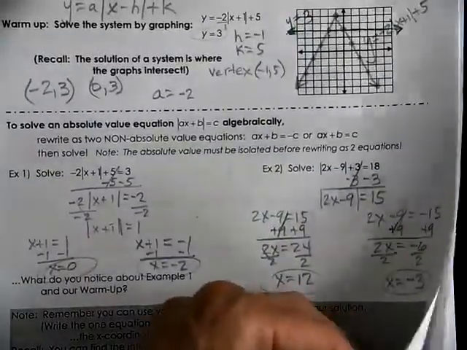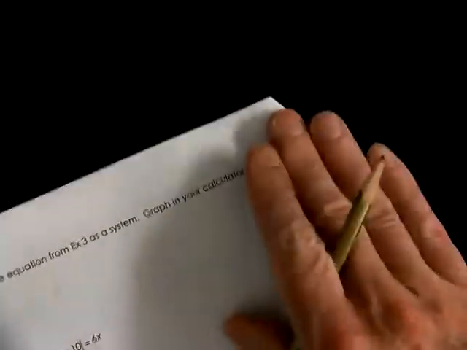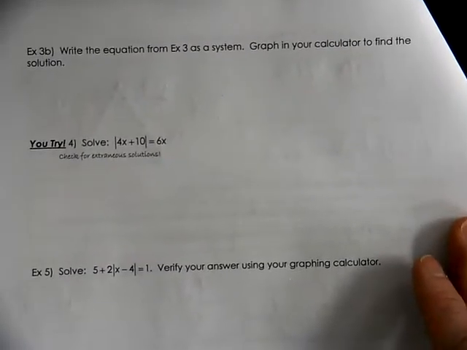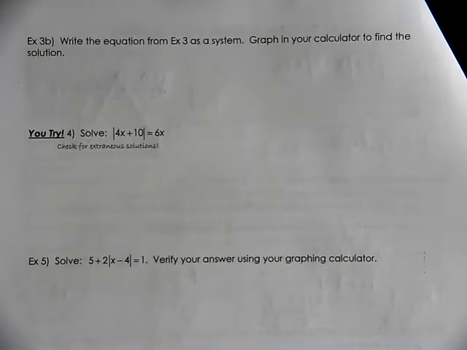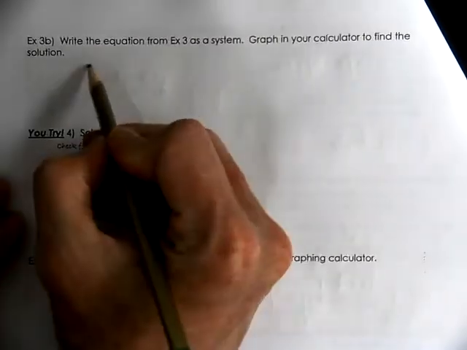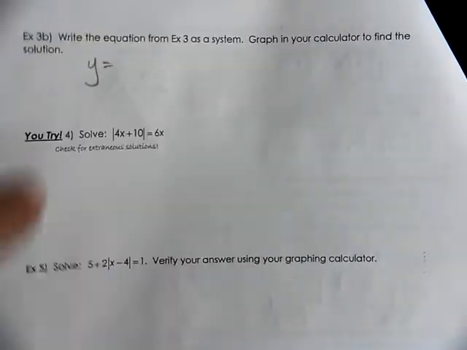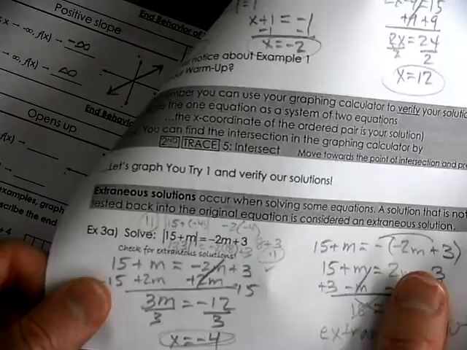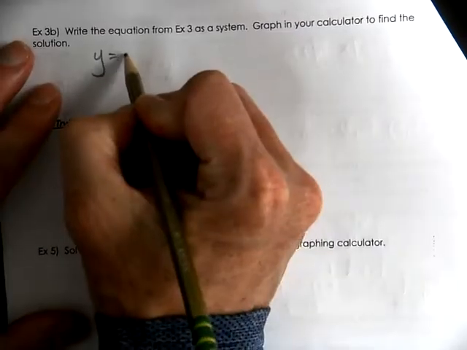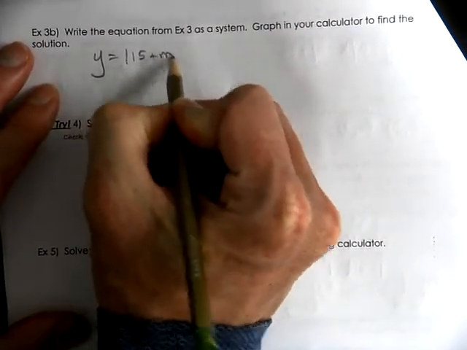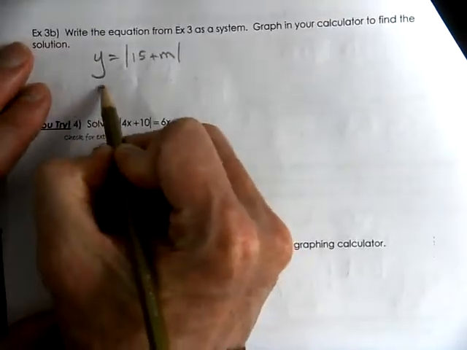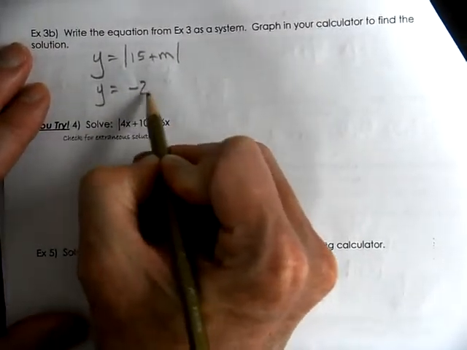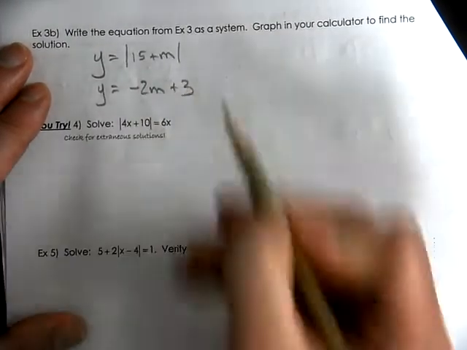Let's do the flip side. If we were writing the previous problem as a system of equations, we would have our absolute value of 15 plus m, and then we would want a second equation as -2m plus 3.